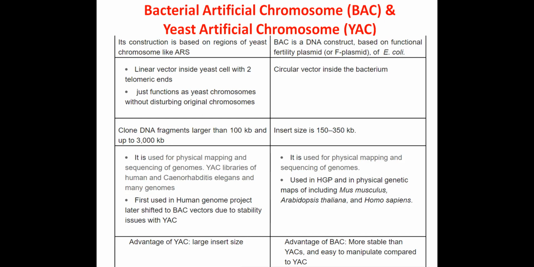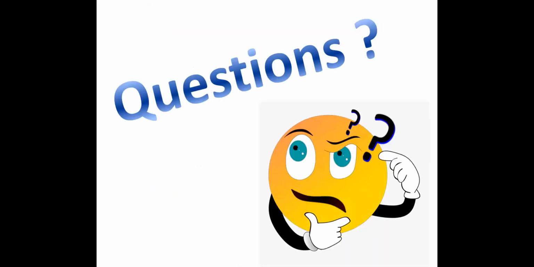The bacterial one can also accommodate large sizes but cannot be more than 350 kilobases. Both these artificial chromosomes are used for physical mapping and sequencing of whole genomes. Comparing YAC and BAC, YAC can insert larger DNA fragments, but BAC also has an advantage because it is more stable than YAC and it is easier to manipulate than the yeast artificial chromosome.